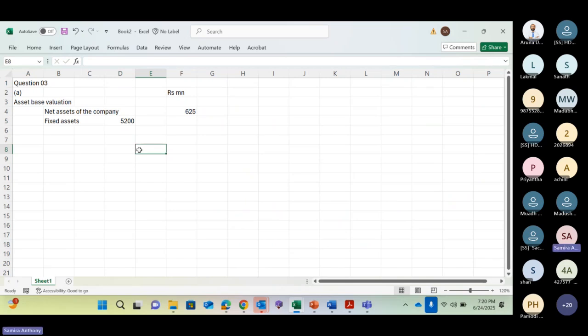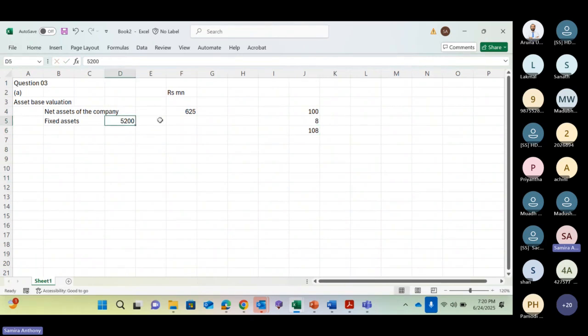Now they said that this has been overstated by 8%. If it is overstated by 8%, then here you have 108, not 100. If there is 100, overstated by 8% means it will increase by another 8 and end up with 108.